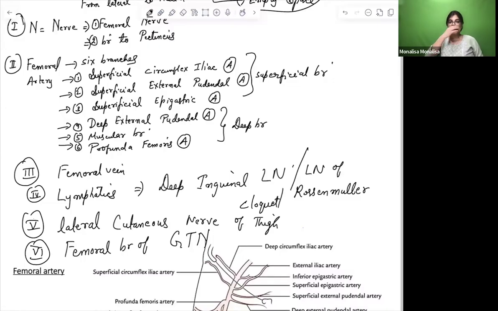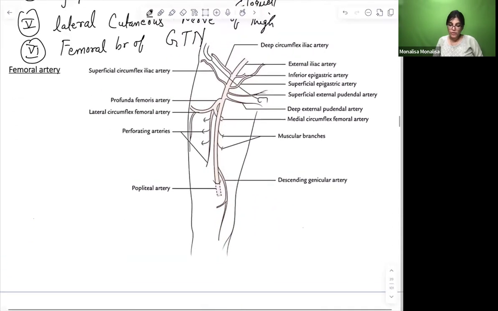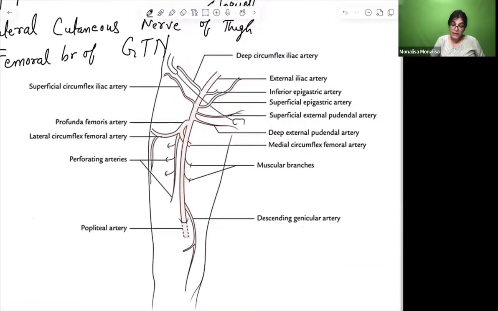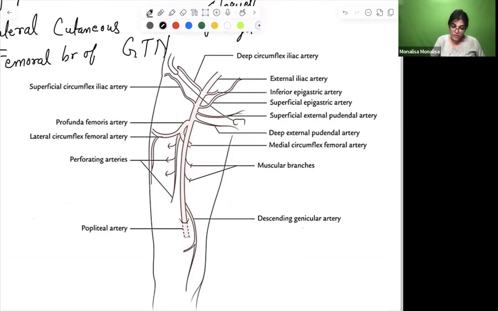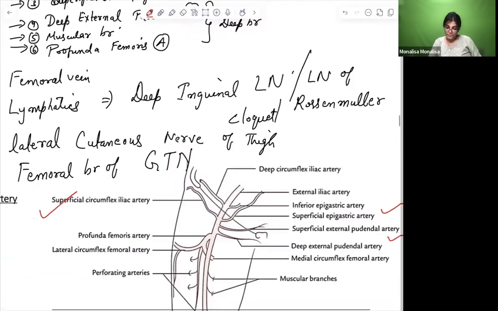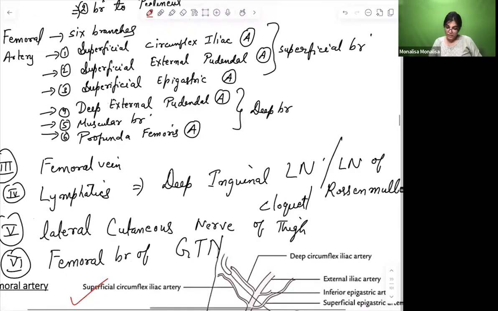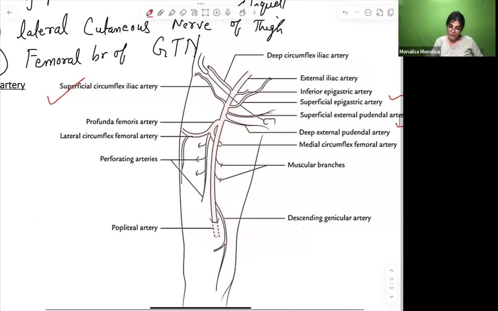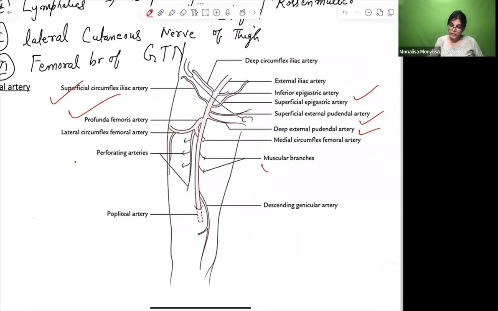Yes, coming to the femoral sheath, don't worry. This image is showing you the branches. In this image, you can see the 6 branches of the femoral artery: superficial circumflex iliac, superficial epigastric, superficial external pudendal, deep external pudendal, profunda femoris artery, and muscular branches.